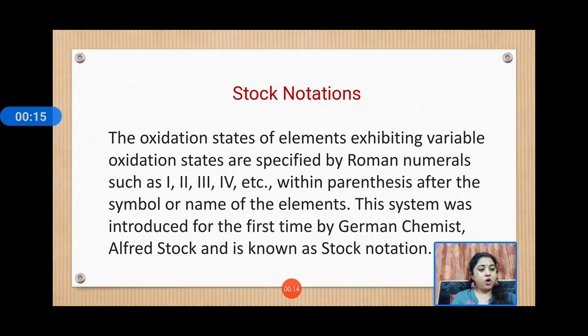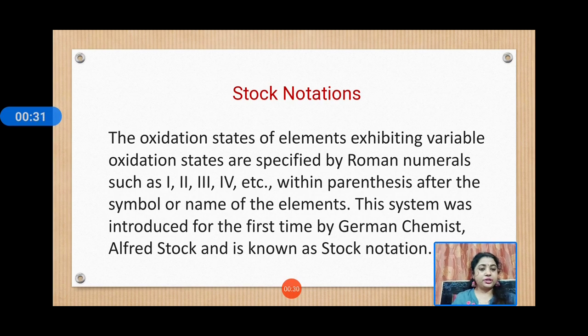Whatever oxidation number we are determining, how do we have to write it? Suppose iron has 2 oxidation numbers, plus 2 and plus 3. How to write it? That is stock notation.